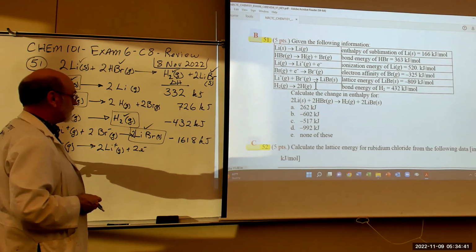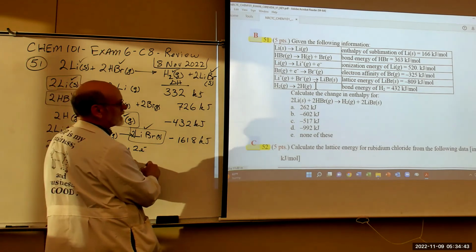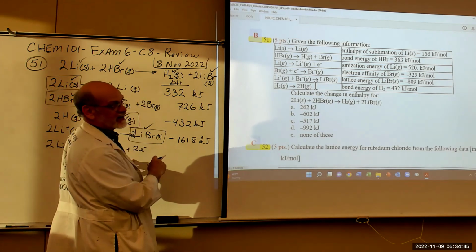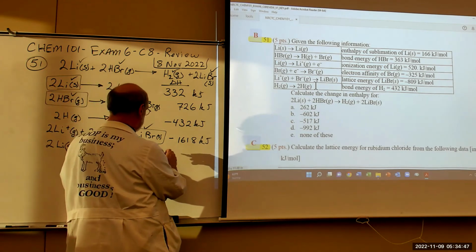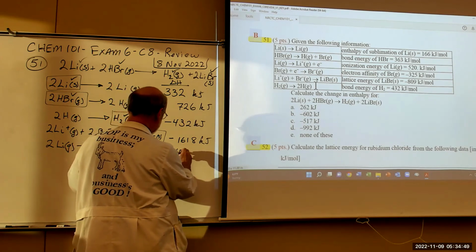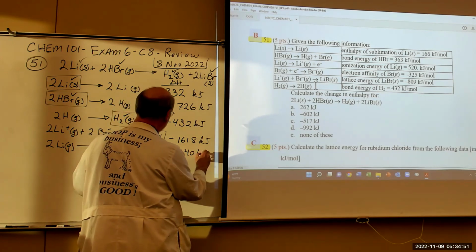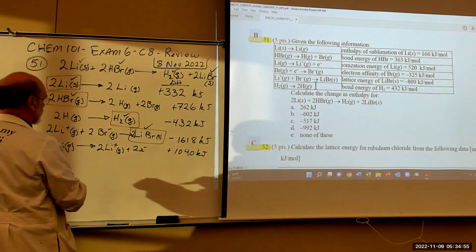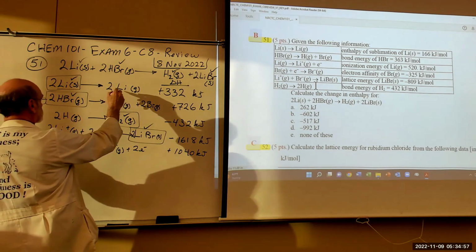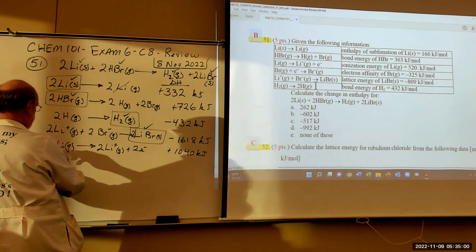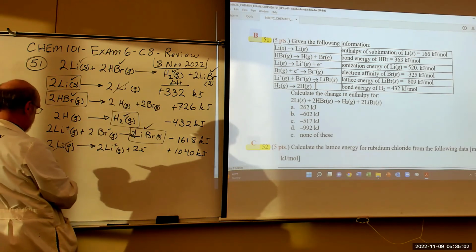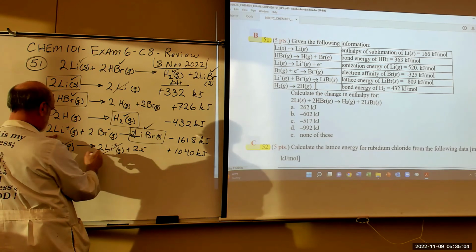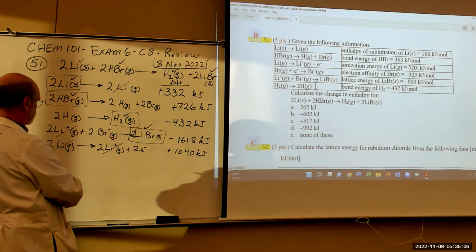It's on the right side, but we need 2 of them. So we need 2 times 520. So that's plus 1040. That's a plus and that's a plus. Okay, so that gets rid of this one, and this one right there. Okay.